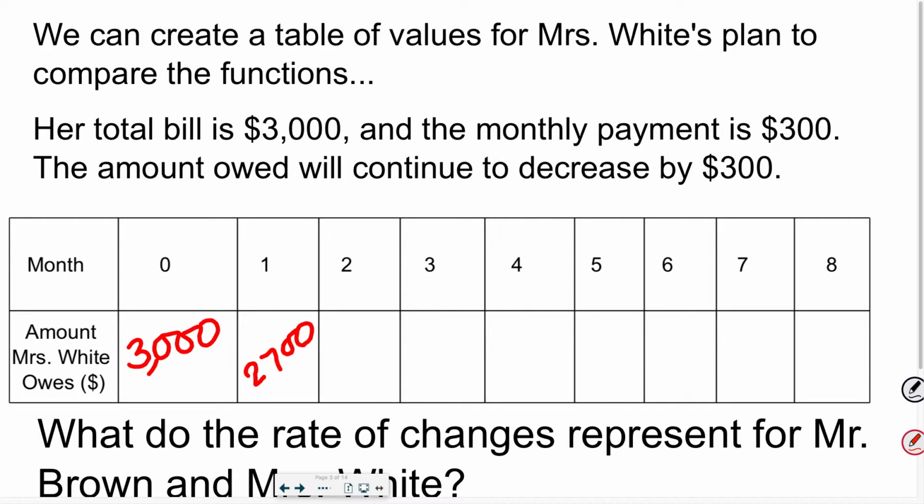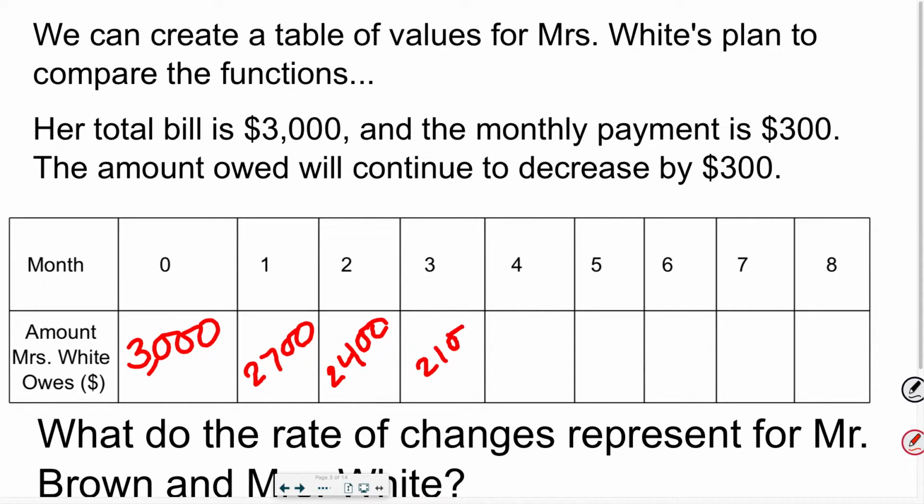What about after 2 months? $2,400. How'd you get that? Why did you subtract 300? Every month she's paying $300. So what about the 3rd month?